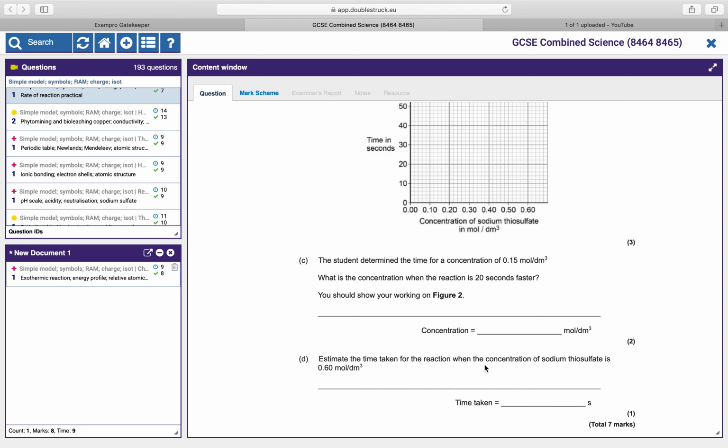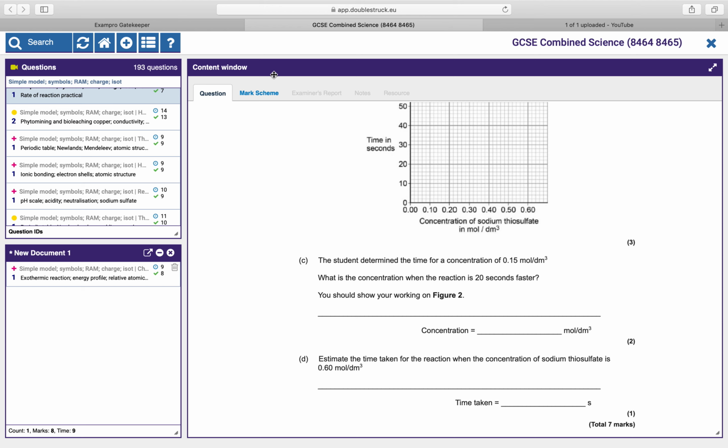Estimate the time taken for the reaction when the concentration of sodium thiosulfate is 0.6 moles per decimetre cubed. So again, from that, you've got your curve. Just extrapolate, extend your curve a bit more, and you're probably going to hit maybe 6 seconds. I don't know.